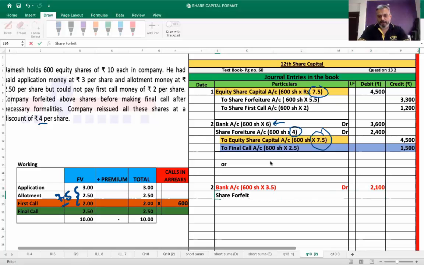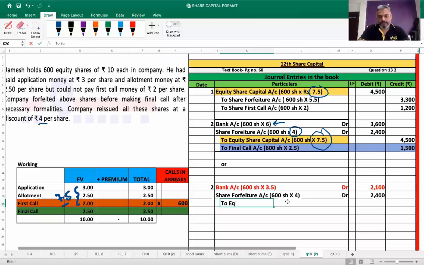Share forfeiture account debit. Now this will remain the same, 600 shares into 4 per share, that is 2400. One of the student gave this answer, bank account 2100. That's also not wrong, okay, because here there is no clarity given, okay.